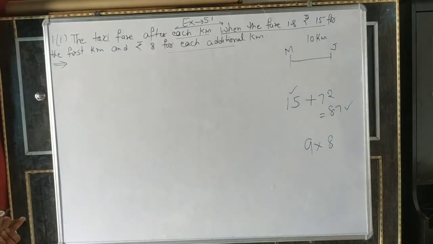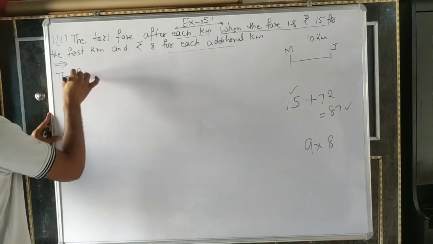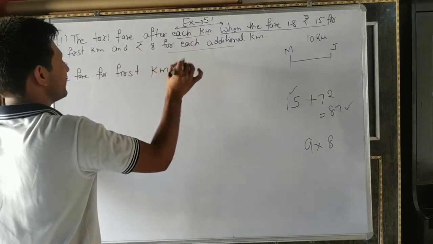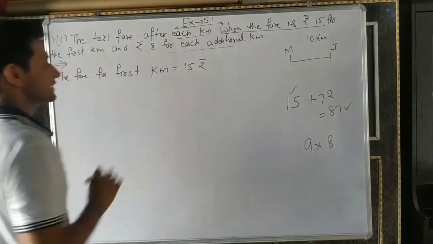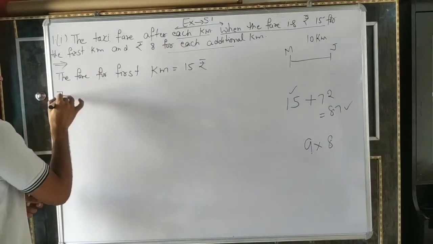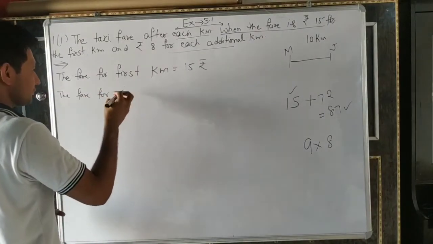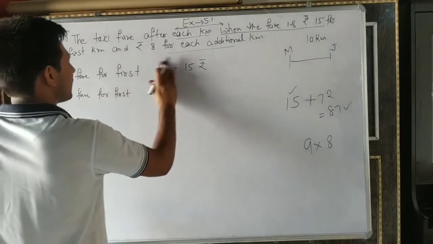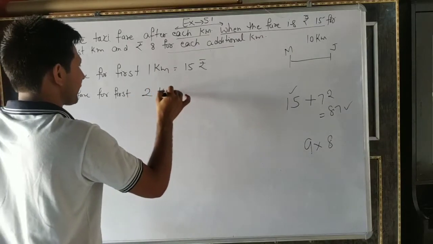So what is given? First we will write the fare for the first kilometer. The fare for the first kilometer is 15 rupees. Understand? Now we will find the fare for the first 2 kilometers.